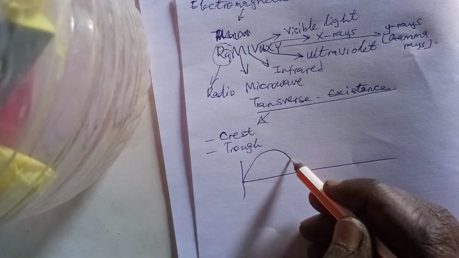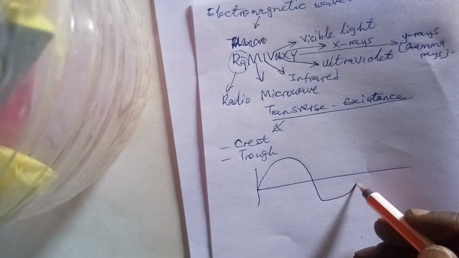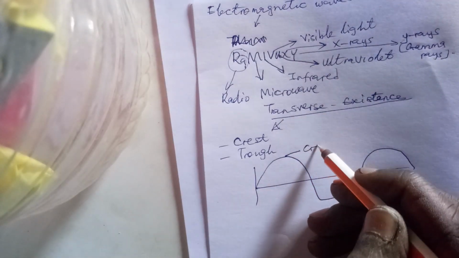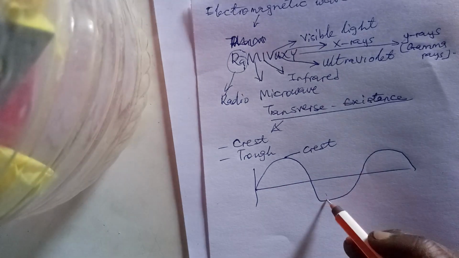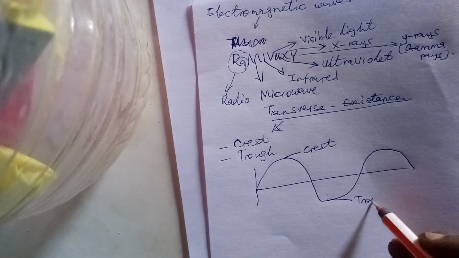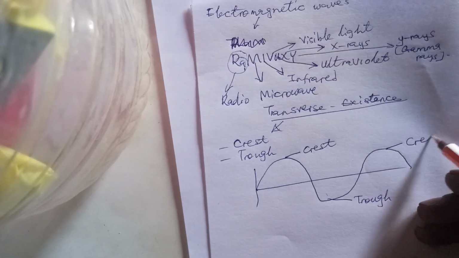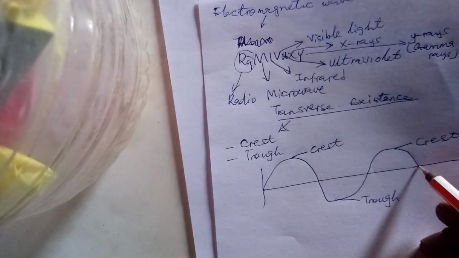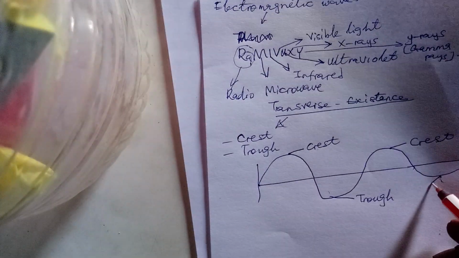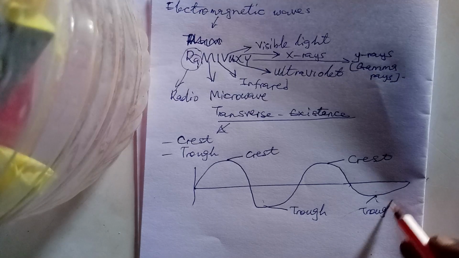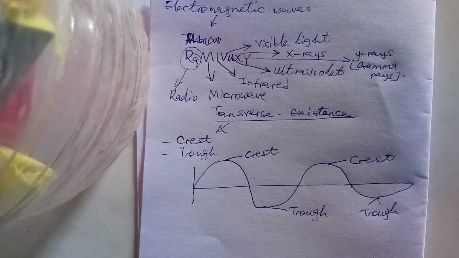If this is my waveform, the upper part is called the crest, and the lower part is called the trough. Then again, I can also have the crest, depending on the number of complete waves that I have. So even this one becomes the trough as well. So that is how a transverse wave exists.